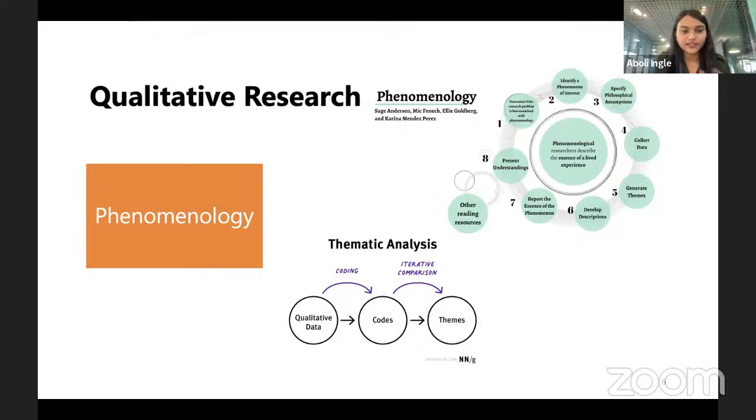Qualitative research has around five different approaches, and the first is phenomenology. Basically, the phenomenological approach is where we try to understand the subjective experiences of the individual, the one we are interviewing or trying to understand.